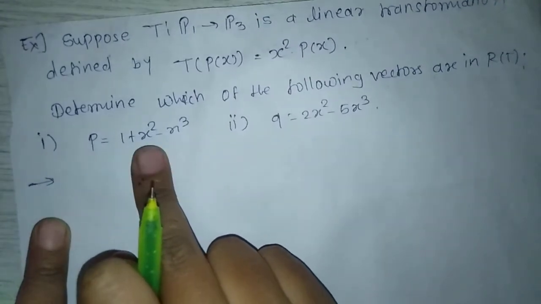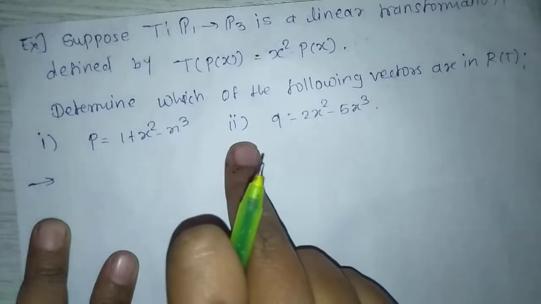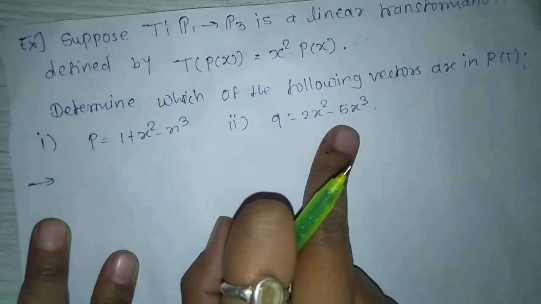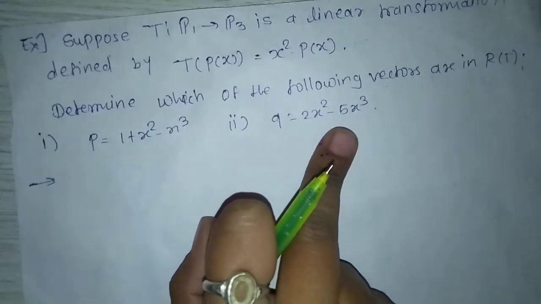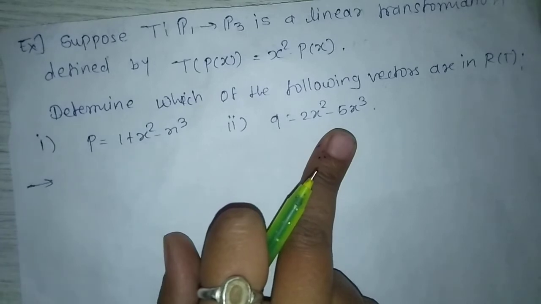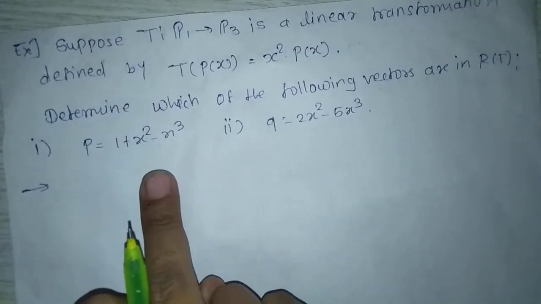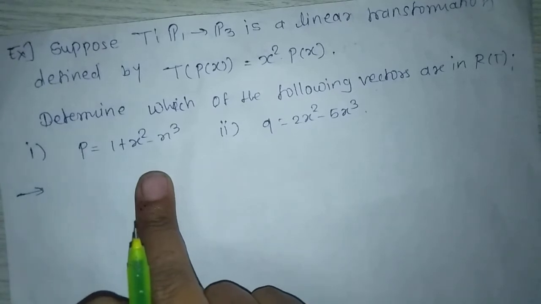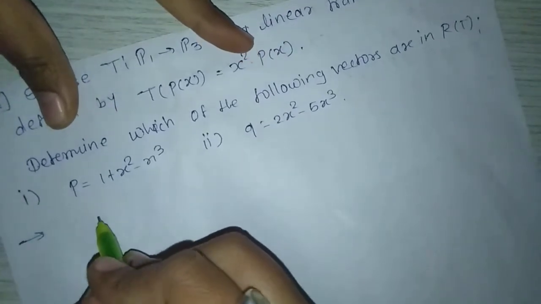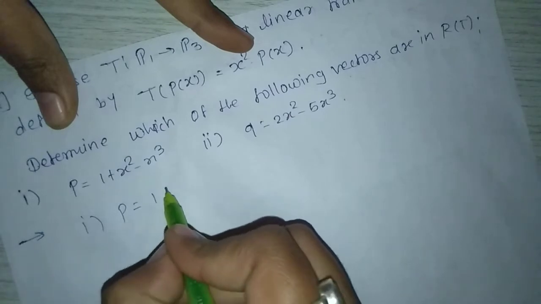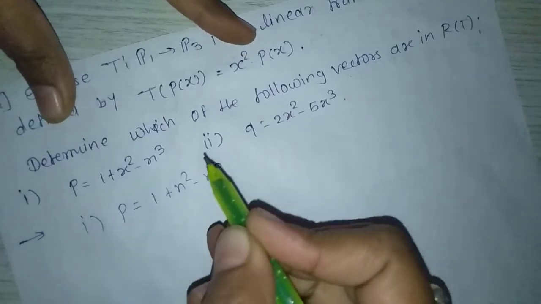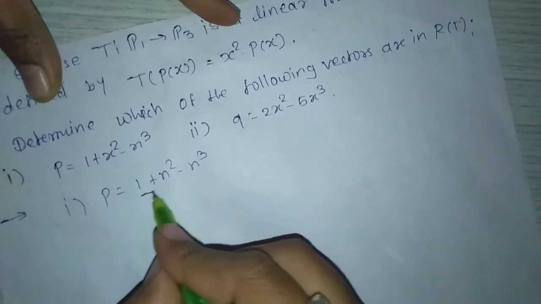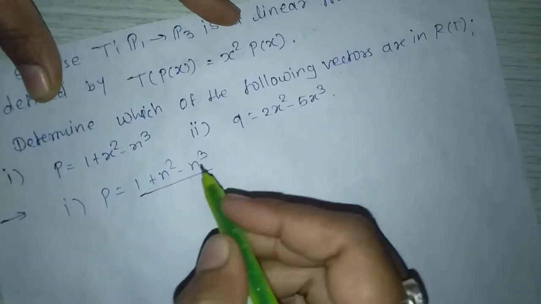First, p equal to 1 plus x squared minus x cubed. Second, q equal to 2x squared minus 5x cubed. First, write polynomial p: 1 plus x squared minus x cubed.